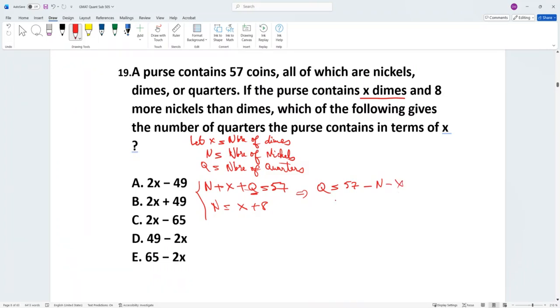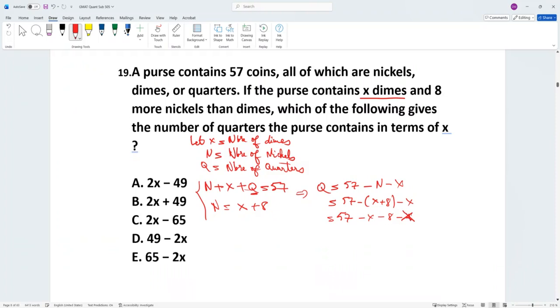Then we know that n is actually equal to x plus 8. So we have 57 minus (x plus 8) minus x. Then 57 minus x minus 8 minus x.